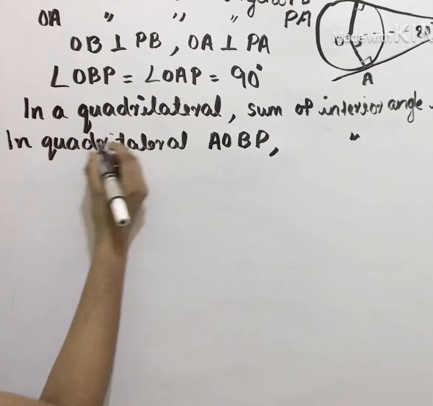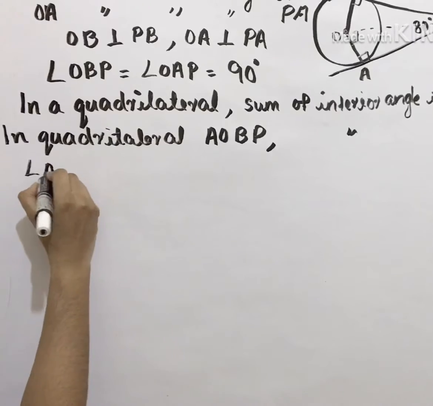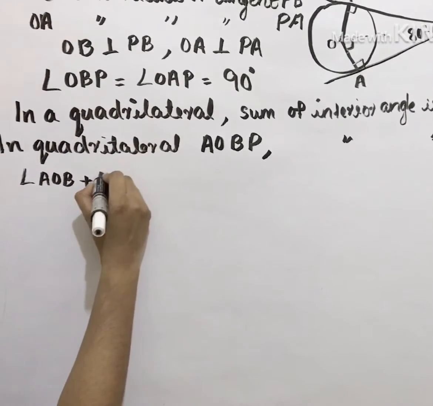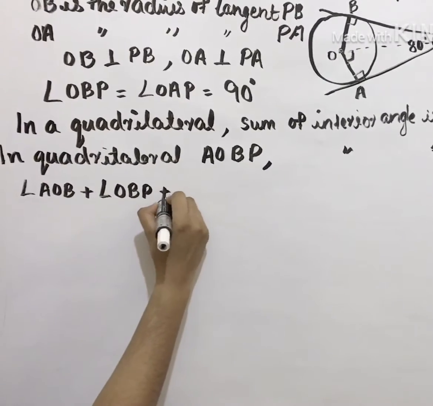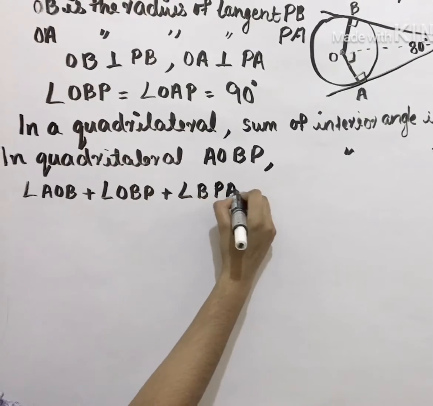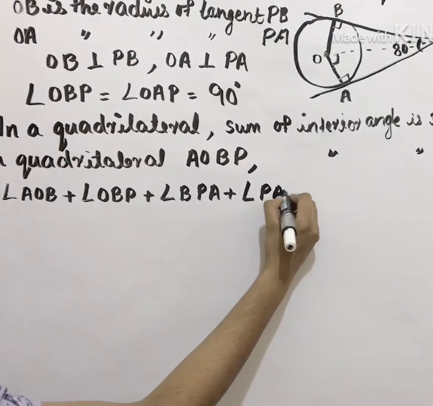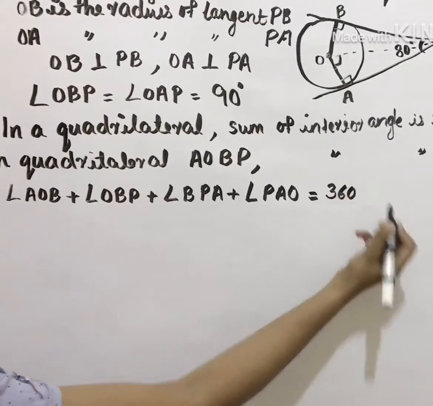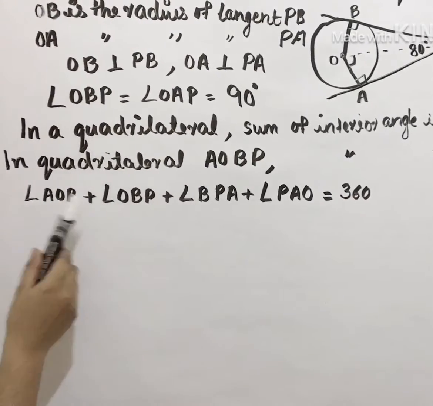So we can write angle AOB plus angle OBP plus angle BPA plus angle PAO is equal to 360.